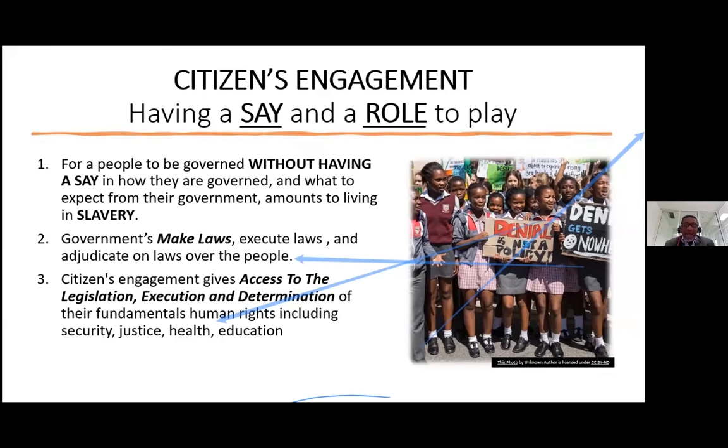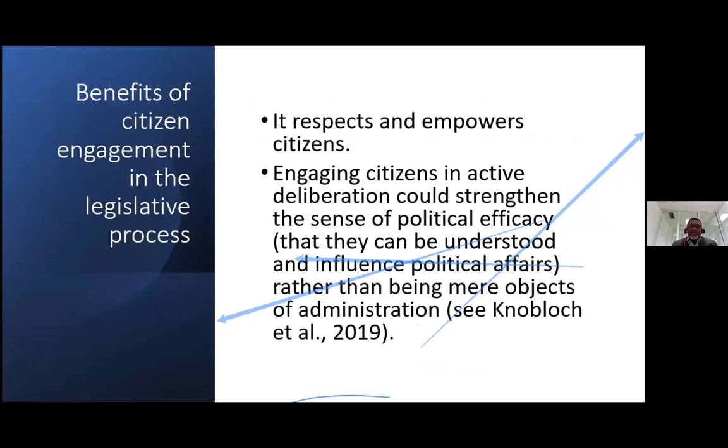And this is the law-making aspect of it, which Nkiru has elaborately spoken upon. And citizen engagement, therefore, when it comes to making laws or engagement generally, is to give us access to the legislative, the execution, and the determination of our fundamental rights, including things like security, justice, and everything that is there to make life better for us.